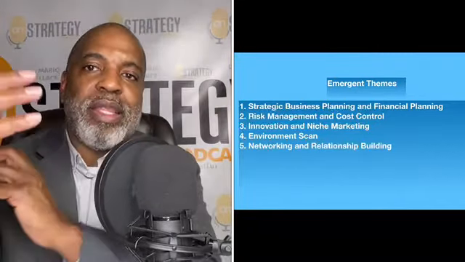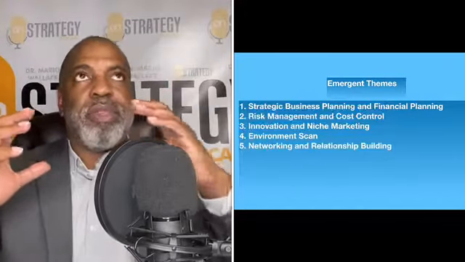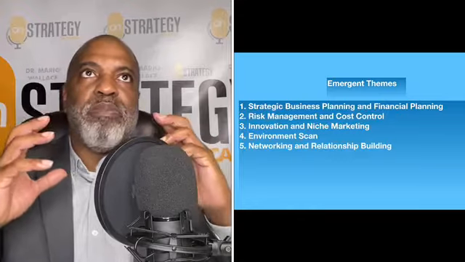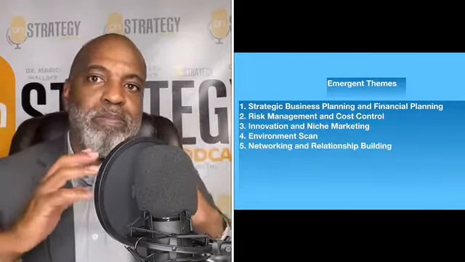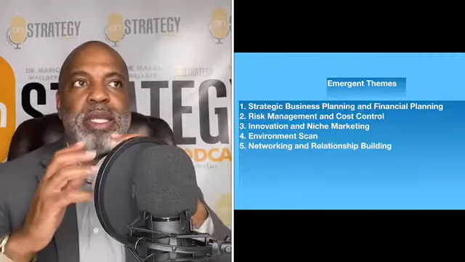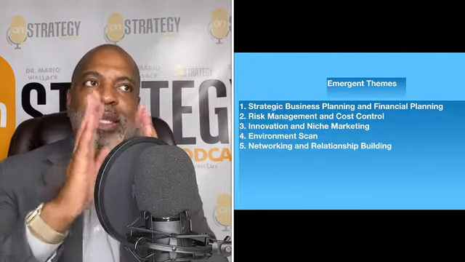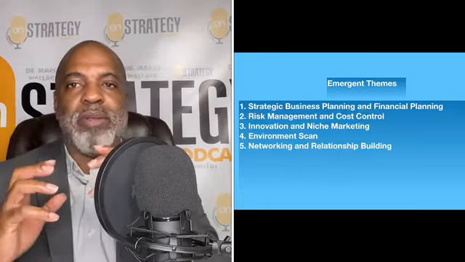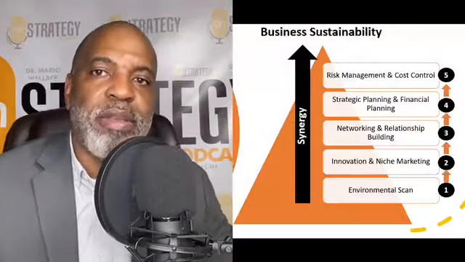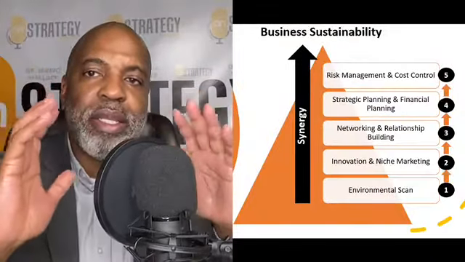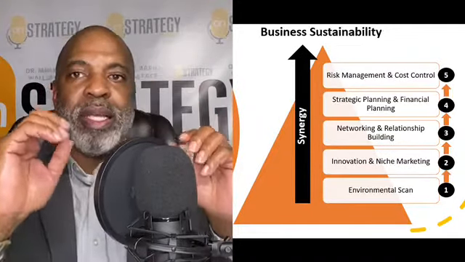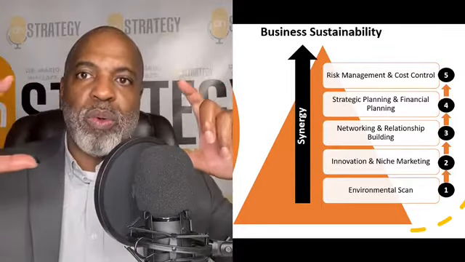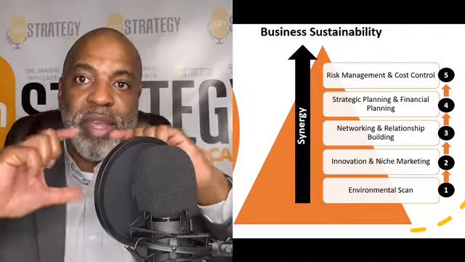Well, if we're thinking about application that a small business owner or a business manager could use, this order is not providing any type of foundation to help that person. Now, if you look at it in my sequenced emergent theme model, you see how the whole is greater than the sum of its individual parts.